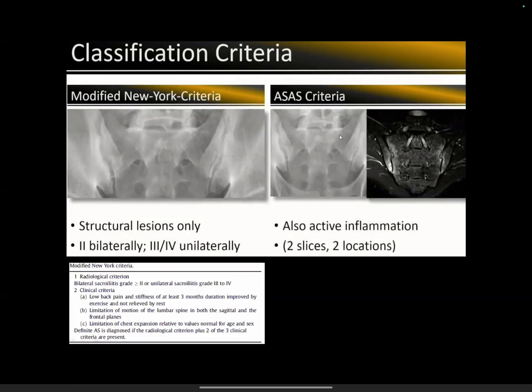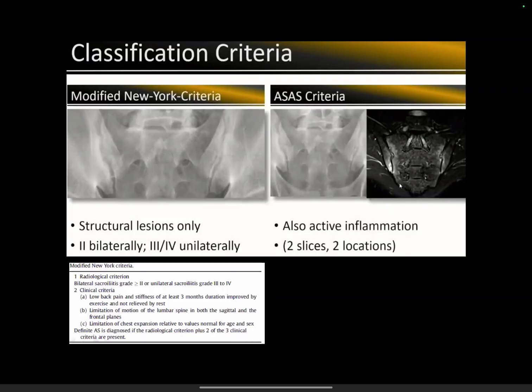Now ASAS that we are going to discuss now, this is old definition where there was very precise definition of what is bone marrow edema, and approximately 2009 this was revised. The slices taken then were very thick. So even 1 slice to 2 slice made a significant amount of disease burden.